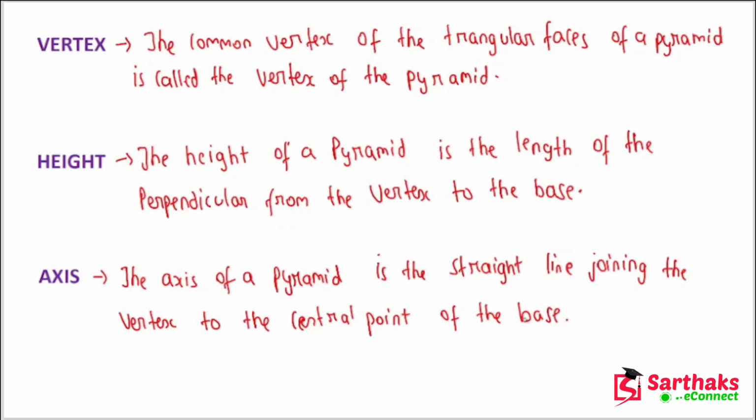So what is axis? Axis is a straight line joining the vertex to the central point. Now let us see all of these three things, that is vertex, height and axis, with the help of figure.